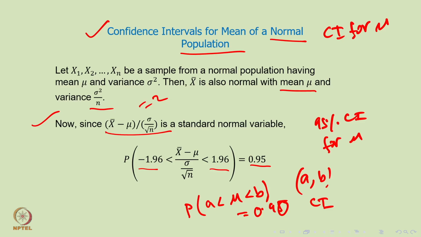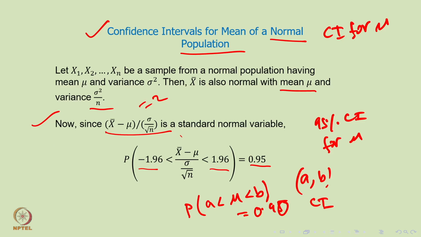Okay. So why are we bringing this quantity first and not mu? Are we interested in having this in the middle? No, we are interested in having mu in the middle. But this is a standard normal quantity, so we can make use of standard normal tables or its properties, and it turns out that 1.96 is a perfect value.